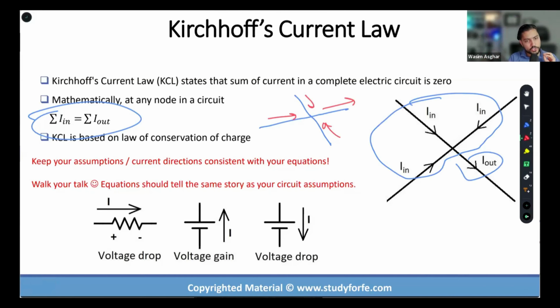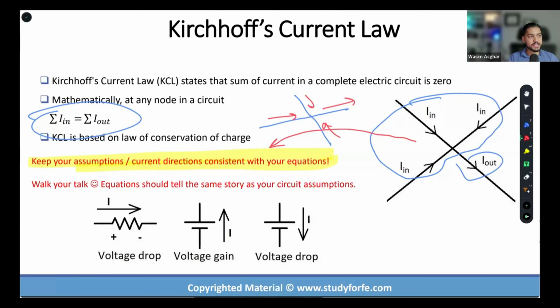But what is the issue? Here's the issue with KCL. When students make mistakes, they are not able to translate the directions of current and their assumptions into proper equations that are consistent with those assumptions.